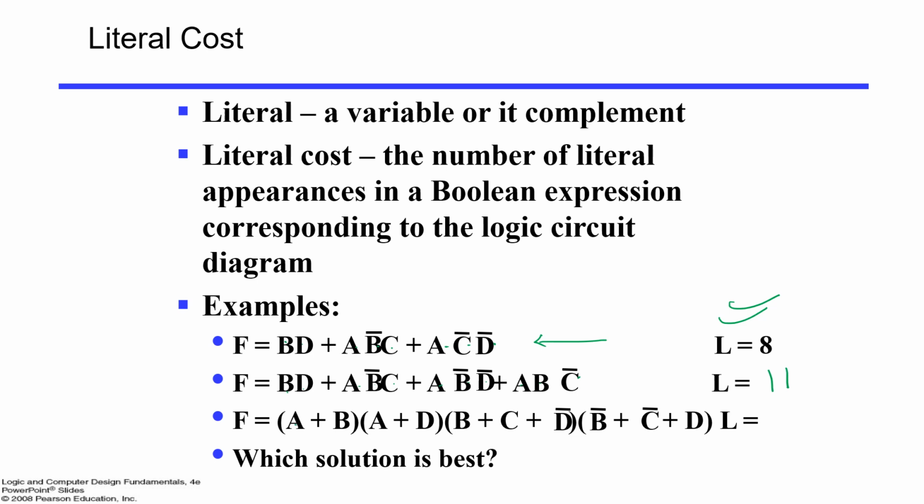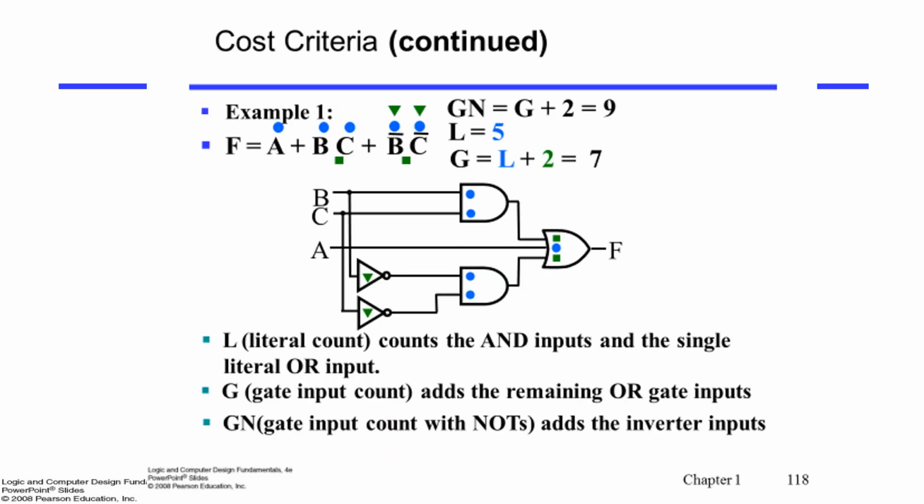We have 1 2 3 4 5 6 7 8 9 10. 10 literals, right? So which solution is better? If they are looking for the same expression, if their outputs are the same, then in that case you can say this is the most optimized circuit. Getting it? So this is the way you will count the literals.